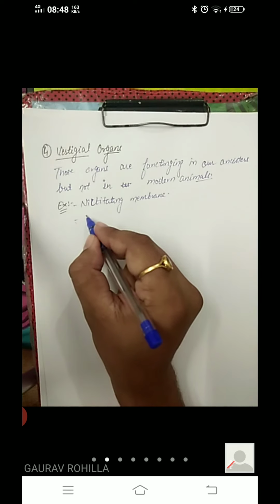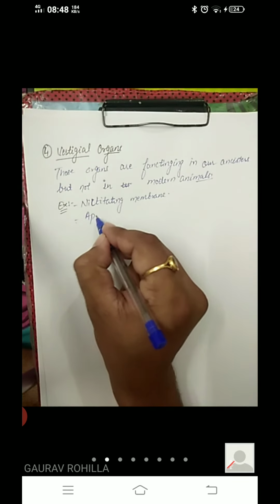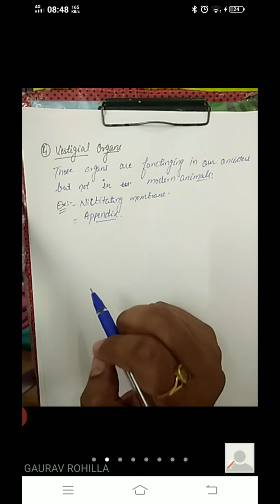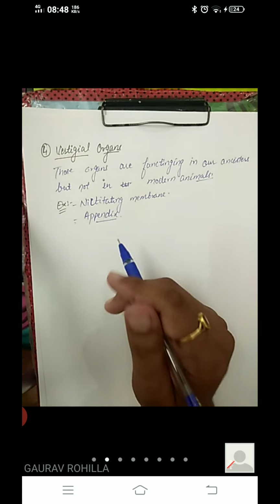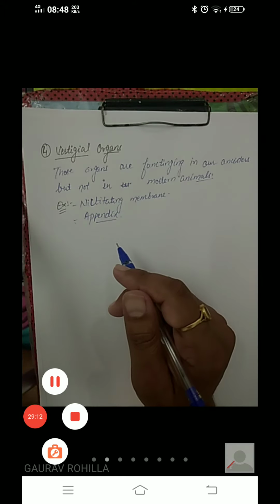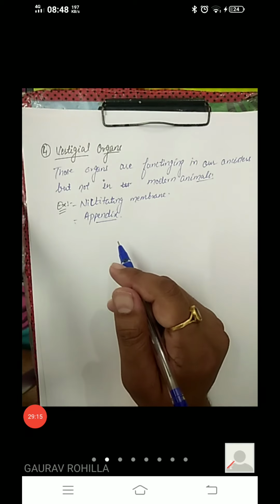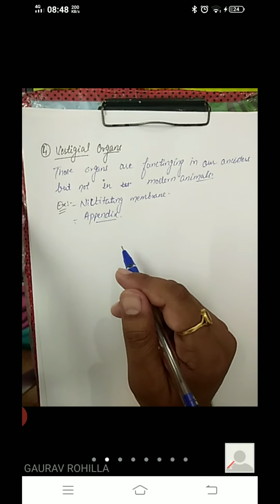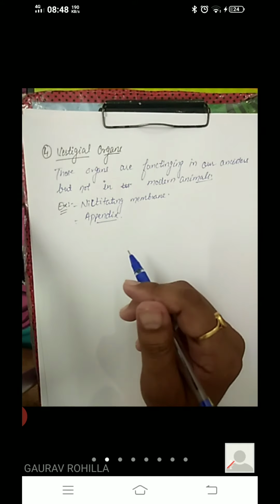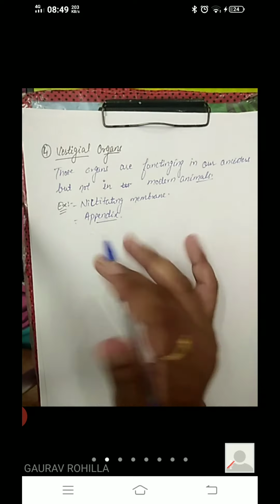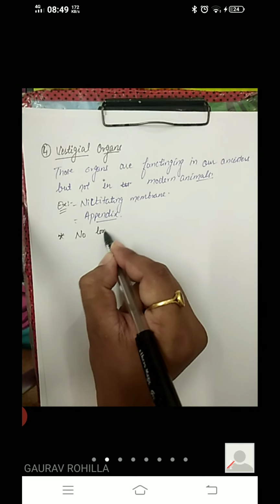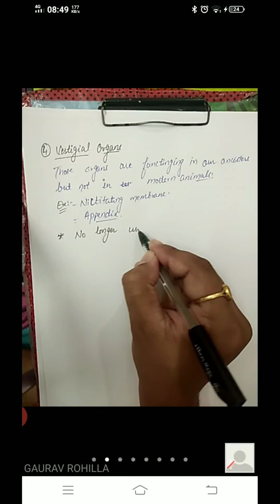Appendix, called the vermiform appendix, is also non-functional in humans. Another is wisdom teeth, and pinna muscles are not functional in humans. I noted here: no longer used organs.